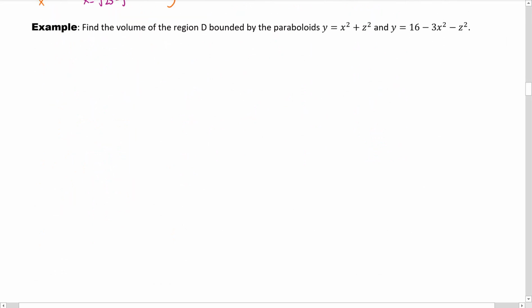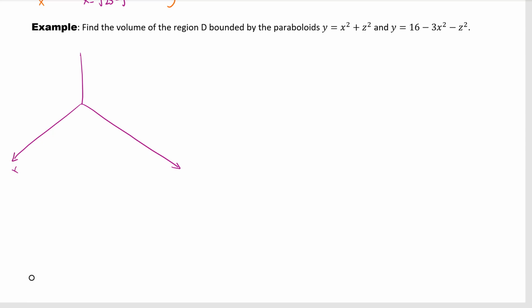Alright. Next example, find the volume of the region D bounded by the paraboloids. Okay, so we have two paraboloids. First paraboloid, y equals x squared plus z squared. Wow.